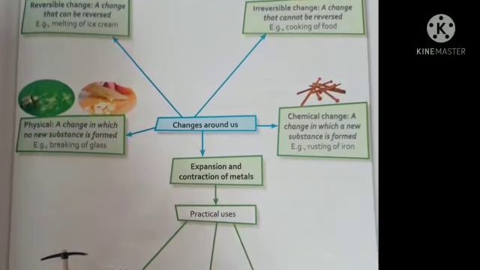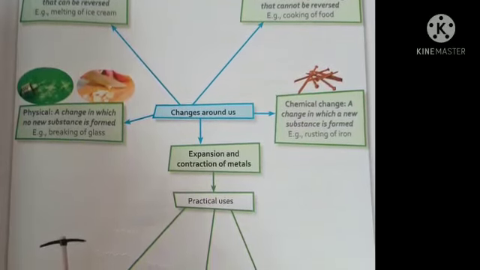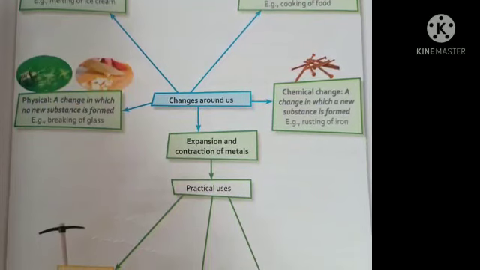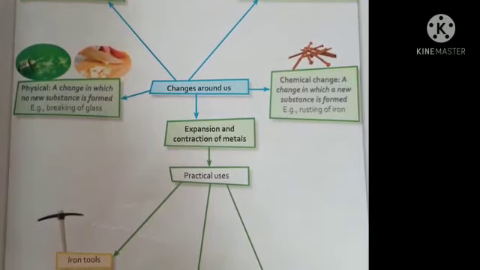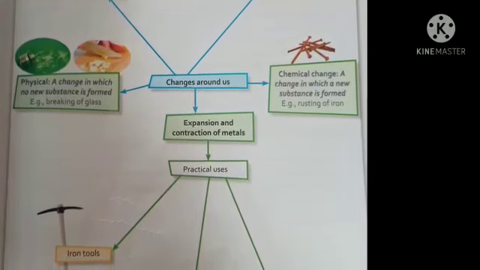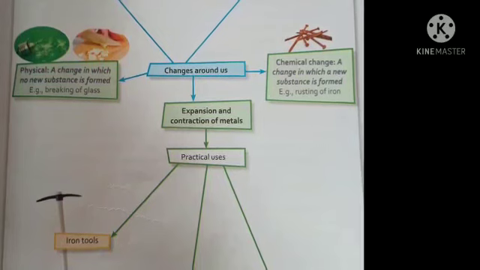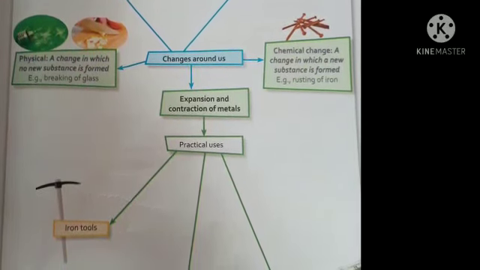The third one is physical changes, a change in which no new substance is formed, for example, breaking of glass. The fourth one is chemical change, a change in which a new substance is formed. For example, in rusting of iron, rust is a new substance.